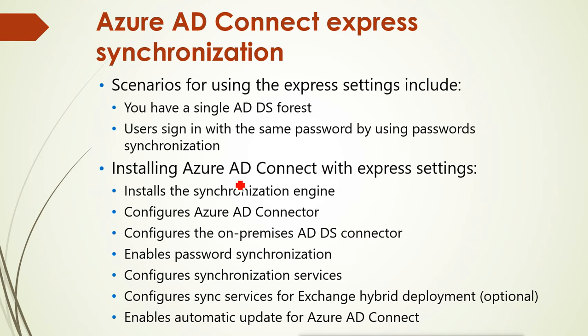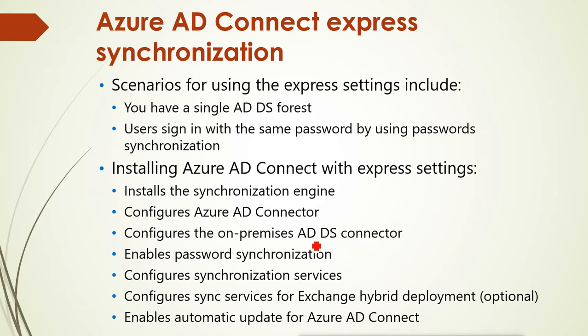Now installing Azure AD Connect with express setting. So install the synchronization engine first. First we have to install the software, then configure the Azure AD connector, then configure the on-premises ADDS connector. That means first we configure it from the Azure Active Directory on the cloud portal, and then we configure it from the on-premises Active Directory domain controller connector server.